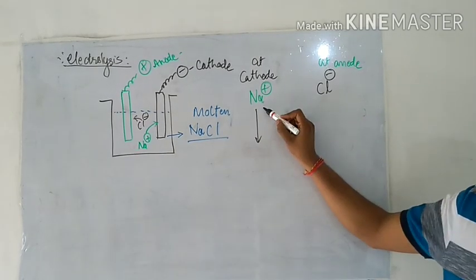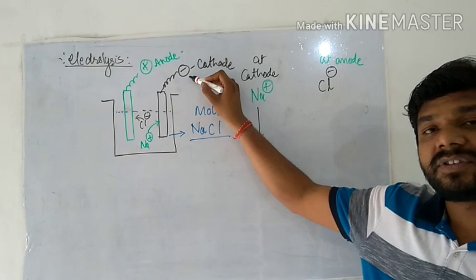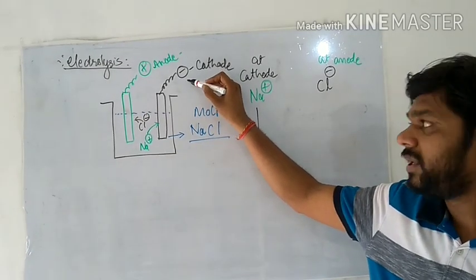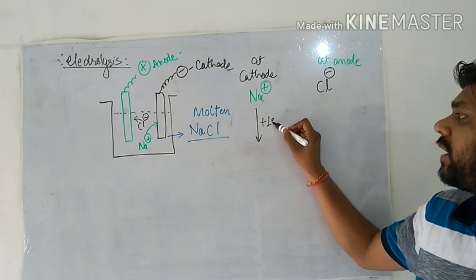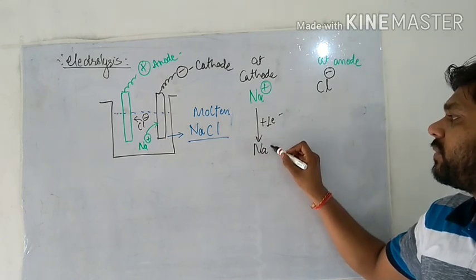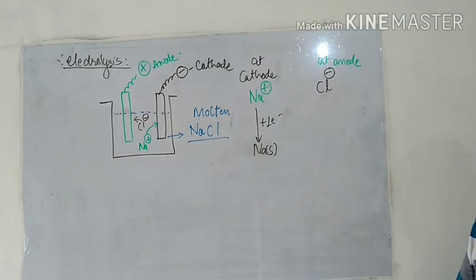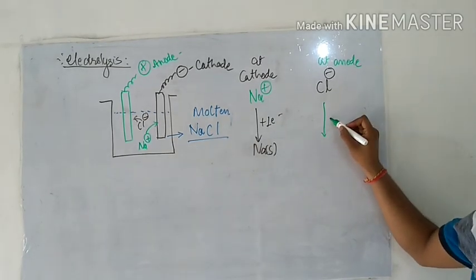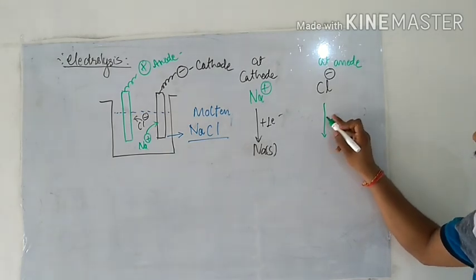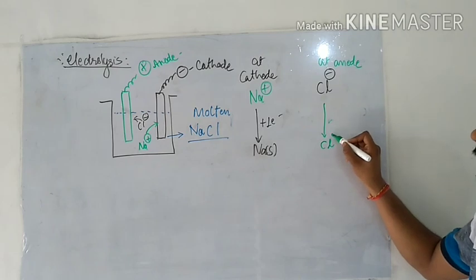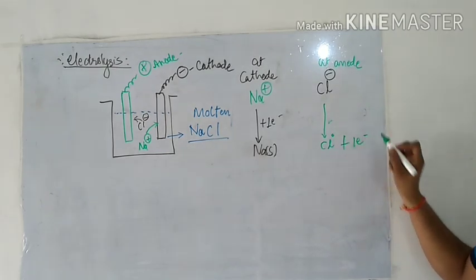Sodium ion will move toward the cathode. The cathode has negative charge, it is electron rich, it has more electrons. Sodium ion will accept the electron here and deposit as solid sodium, while chloride ion will lose its electron and form chlorine free radical plus one electron.